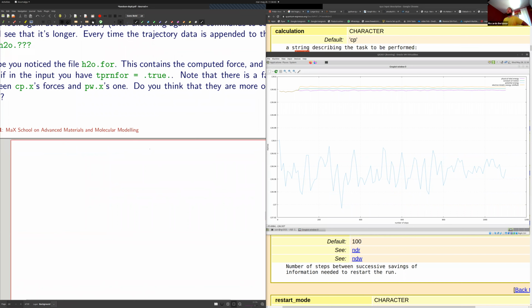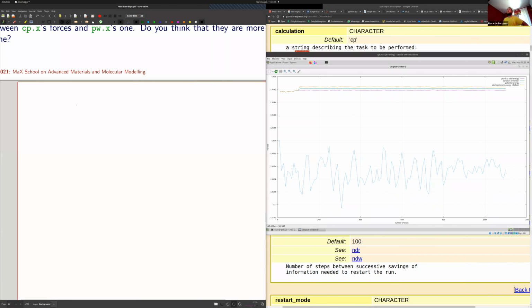Let's say that this is the potential. Here you have the electronic degrees of freedom that have a mass, so you have a mass that is added to the ionic mass. How is this reflected in the forces?